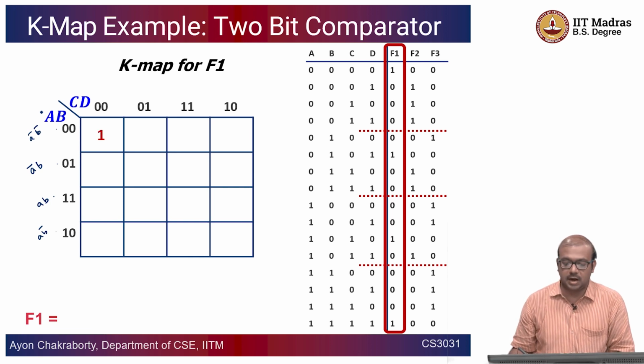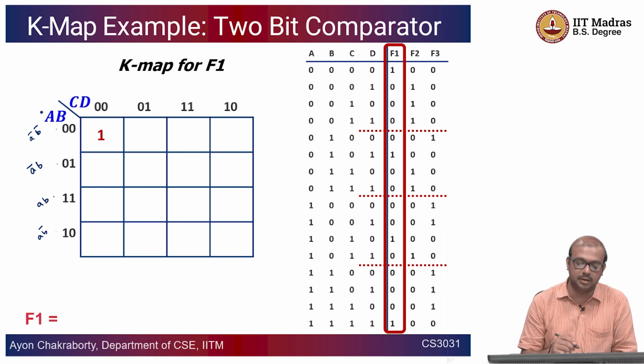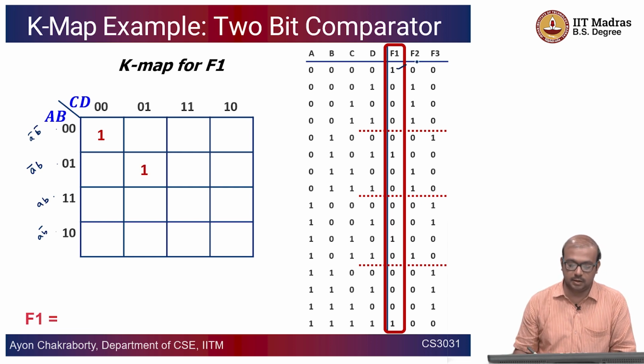So now we'll start with a 1. 1 is already there for all of them being 0. So it is A bar, B bar, C bar, D bar. This is ticked off. Then I put this entry which is A bar B and C bar D, 0 1, 0 1. Then for the 1 1 case, 1 1 1 1, AB is equal to 3 and CD is equal to 3, and the next case is AB bar which is 2 2.